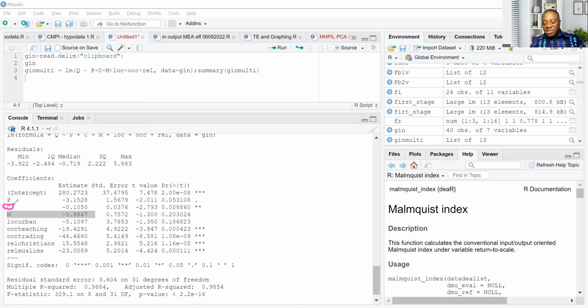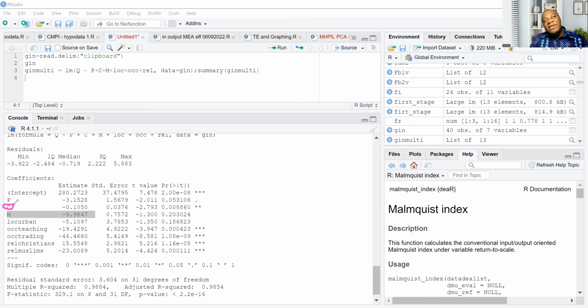Now look at occupation. There are three kinds of occupation in this story from last time: teaching, trading, and fishing, which is not here. So fishing is actually the reference category.